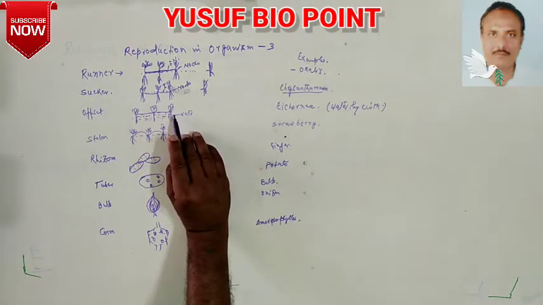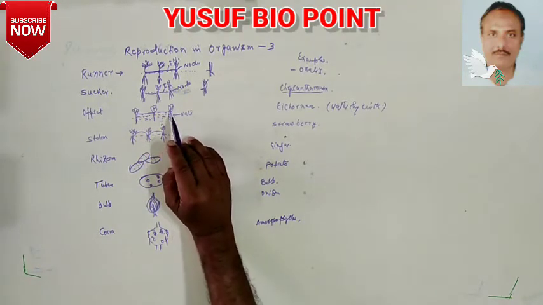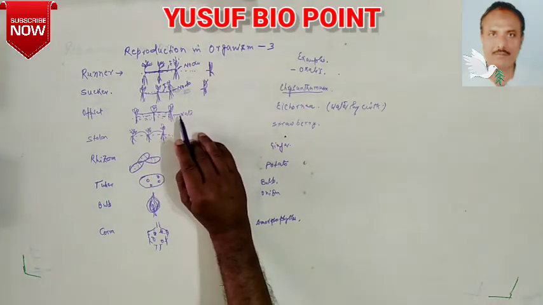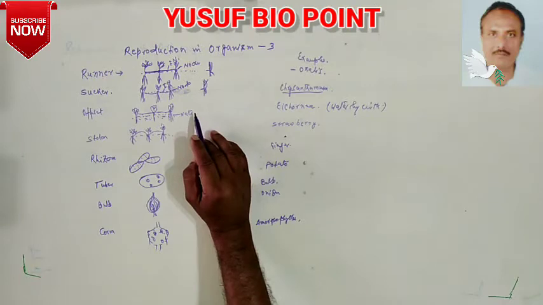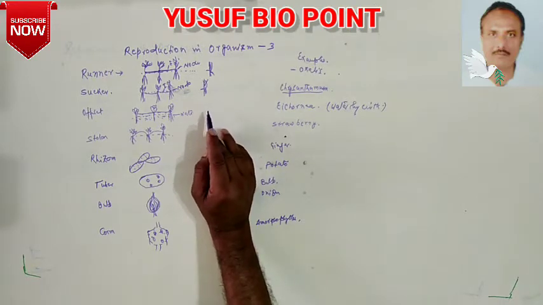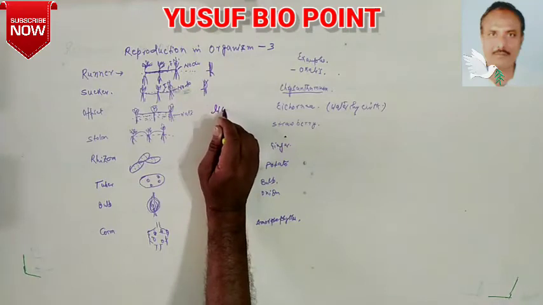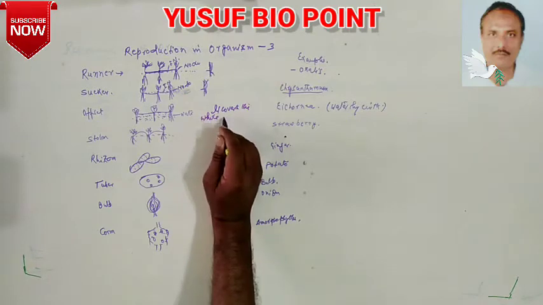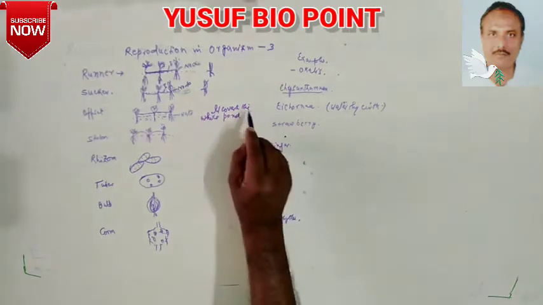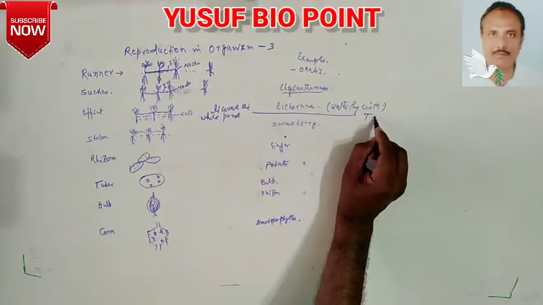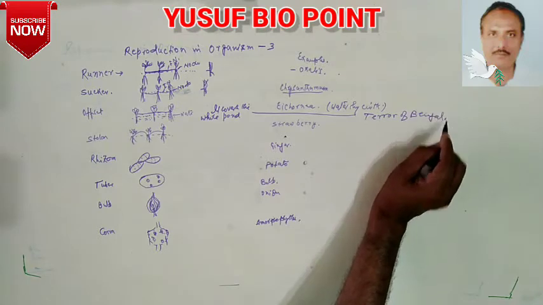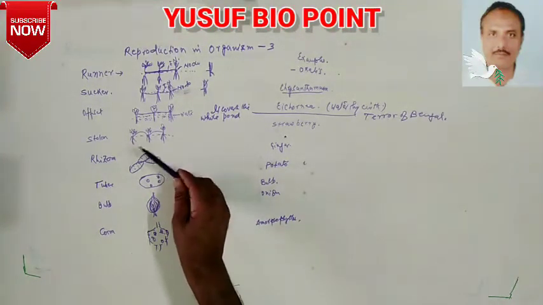Its propagation is very high, and it is also a decorative plant. People sow these plants in their ponds for good looks, but its propagation is so high that within some days it covers the whole pond. So it is also known as terror of Bengal.